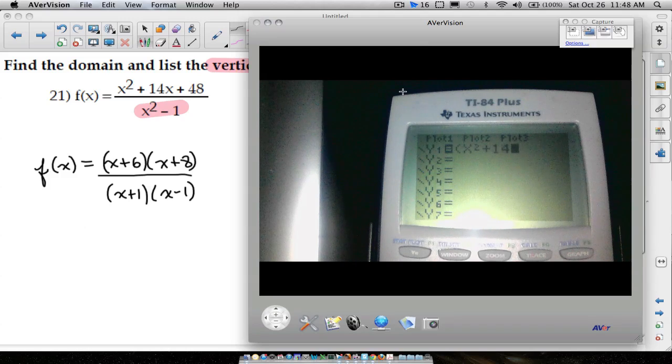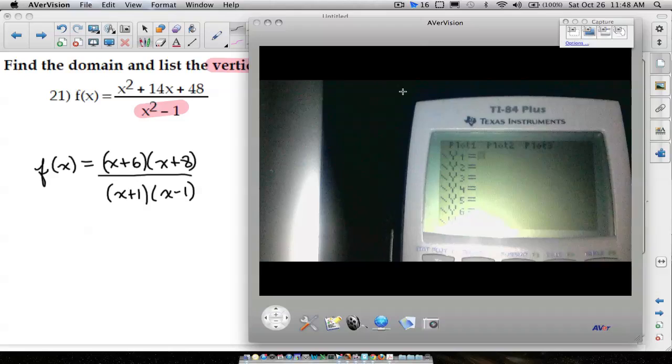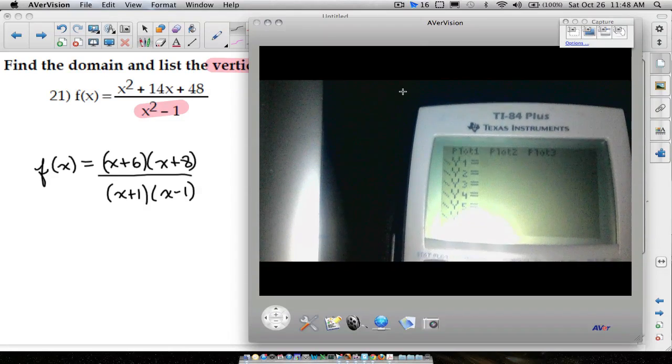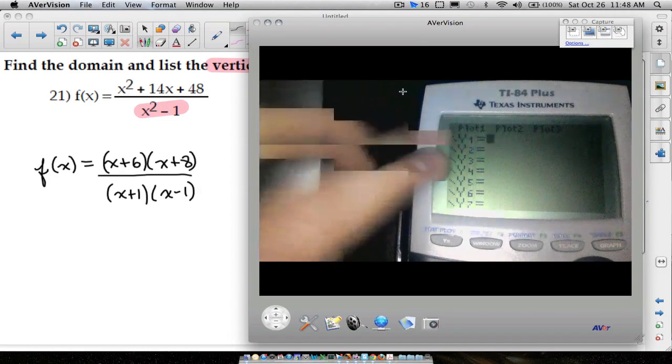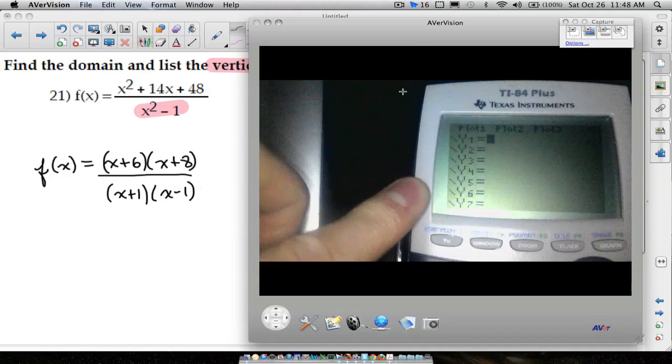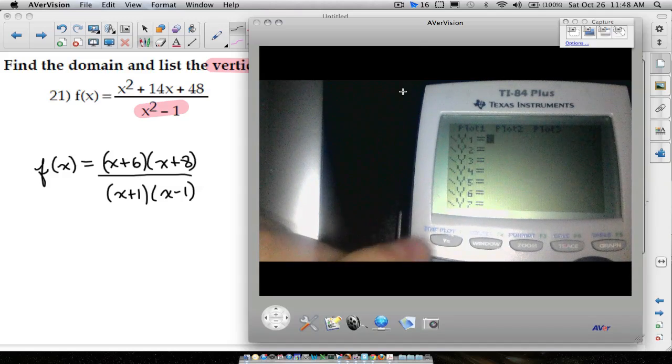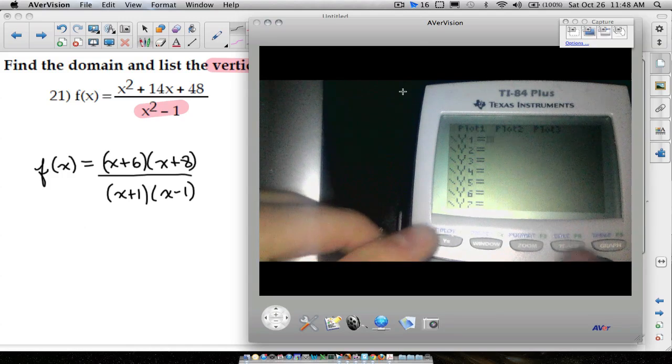X squared plus, well, I'll tell you what, this is what I was talking about if you had the upgraded calculators, and they actually have some calculators that are much nicer than this too, color screens and all that.